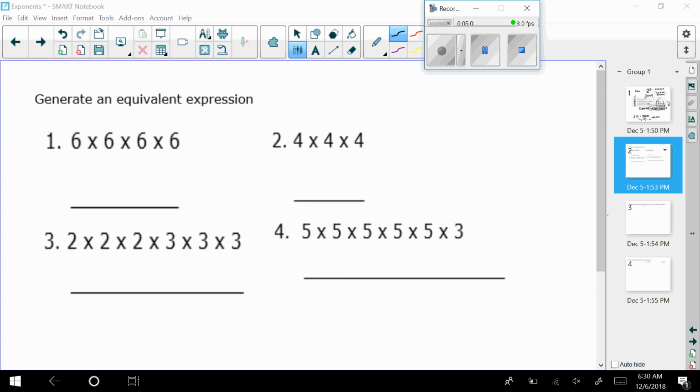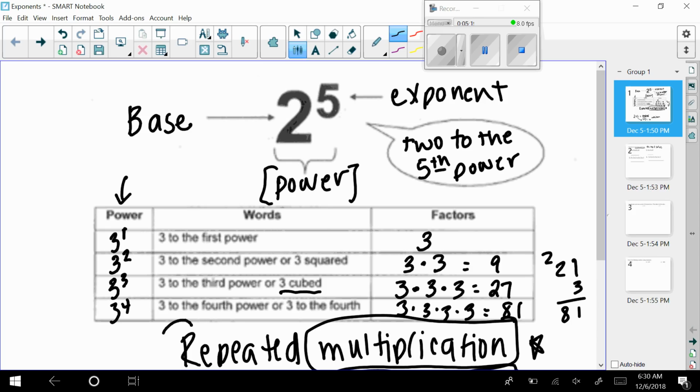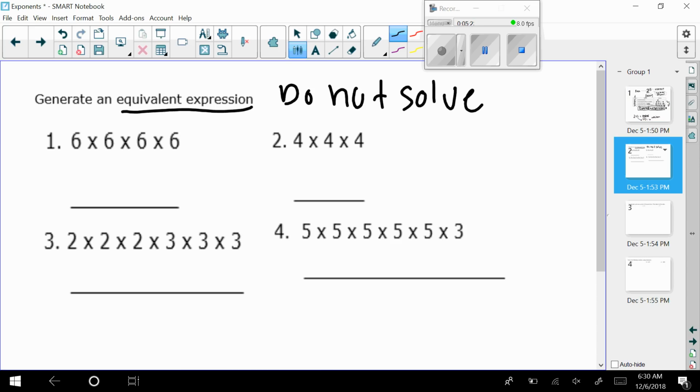Okay. All right. So these are the different types of ways that you're going to see problems with exponents, okay? When it says to write an equivalent expression, it just means it doesn't want you to solve it. It just wants you to write it another way. Well, remember what we told you back here, what are exponents? Exponents are repeated multiplication. So here, if I have 6 times 6 times 6 times 6, how can I write that?